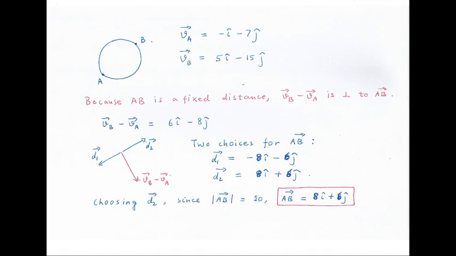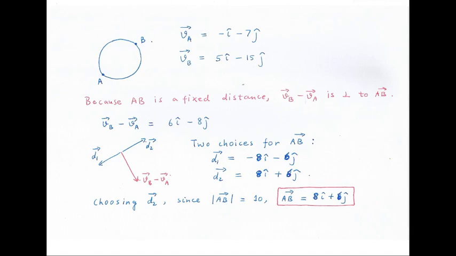So I have drawn a diagram. Velocities of A and B are given, two diametrically opposite points on the rim of the disk. Now, how do you proceed to find the vector AB? So you can find it in the way that the velocities of A and B are not free to be anything.